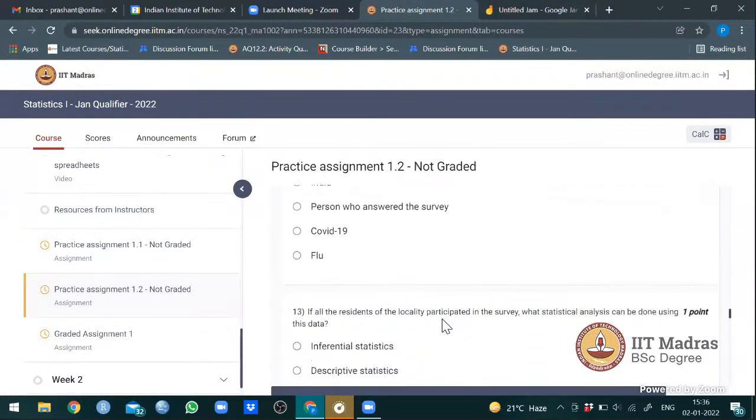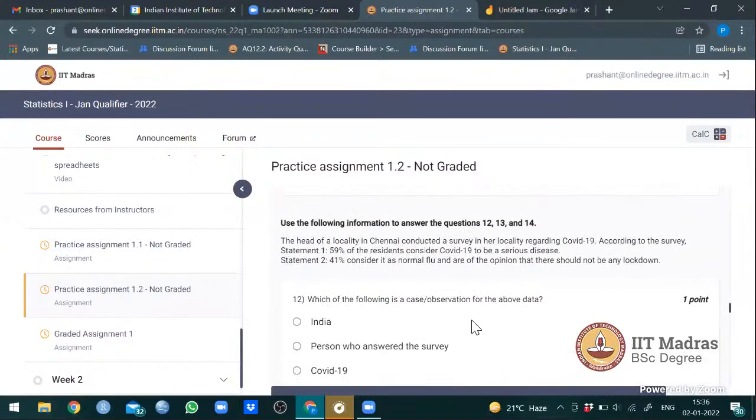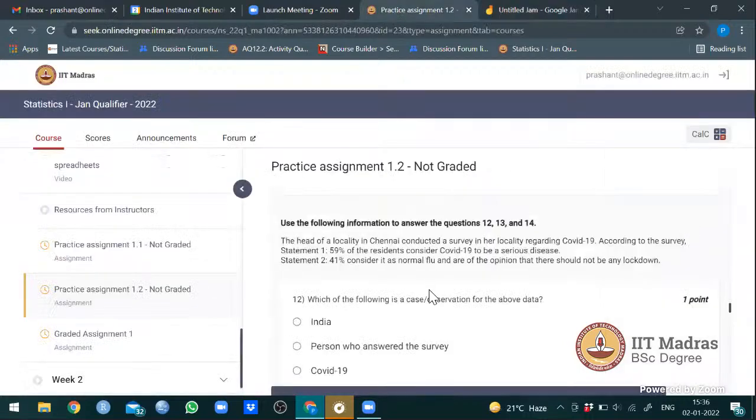If you read the question carefully, all the residents of the locality participated in the survey, which means the whole population participated. Suppose there are 100 people in your population, just for assumption, and 59% means 59 of the residents consider COVID-19 to be a serious disease.